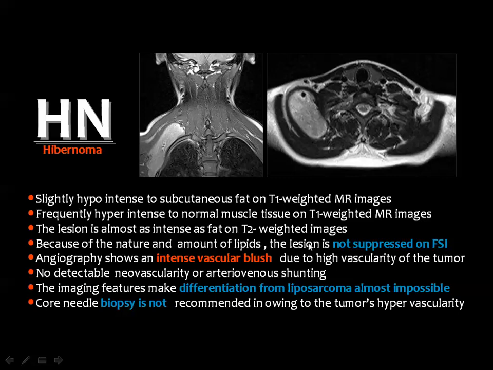And this is mentioned in the literature, but you may not see it in real practice, where the fat in the lesion is not suppressed on the fat suppressed images, but many times you can see that hibernoma will be suppressed on fat suppressed images.